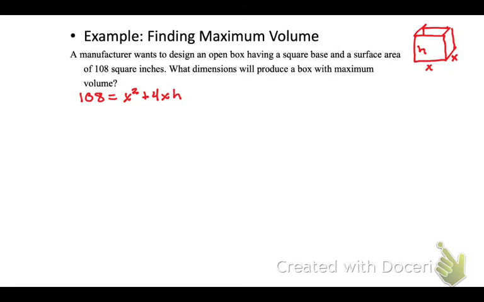And my volume, because it says maximum volume, will be what times what? x squared times h. My problem here, hopefully you noticed it, is I have how many variables? 2.